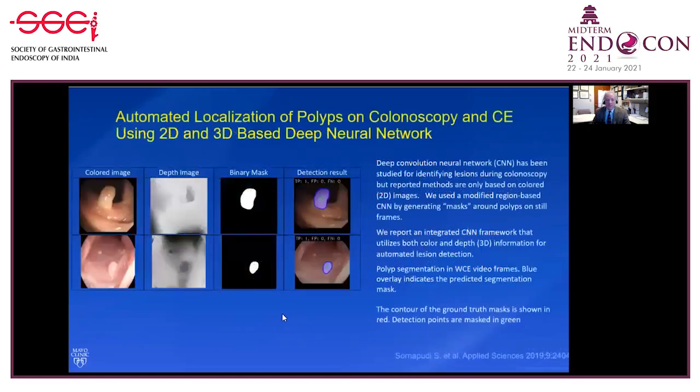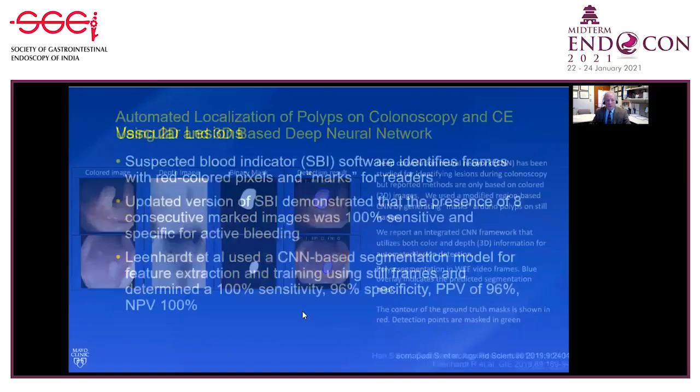And again, some work that I have been involved in is looking at automated localization of polyps using both 2D and 3D based deep neural networks, where you can mask the lesion and then use the segmentation for detection.